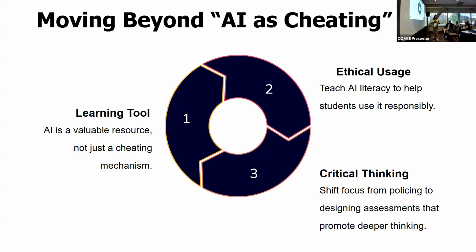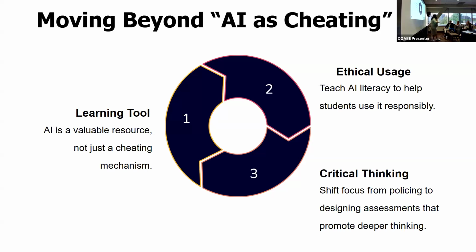We can leverage it not just for us, but our students can use it for their learning process. Okay? It's a valuable resource. It's not just a cheating mechanism. It can be used as cheating, but as teachers, we can model what it looks like and how to use AI well. Yeah? Again, ethical usage.